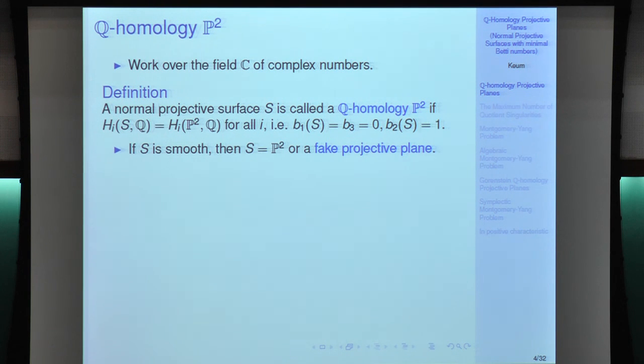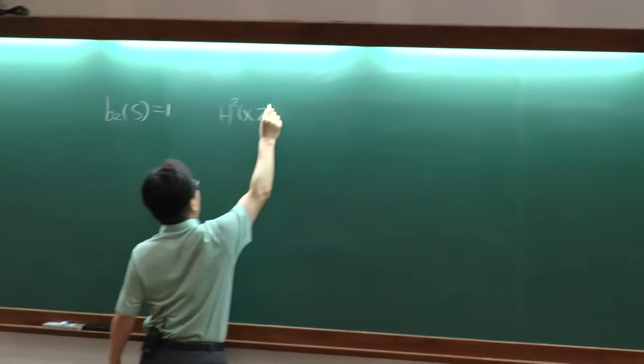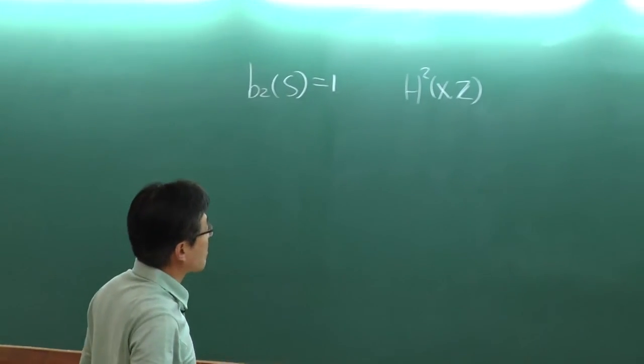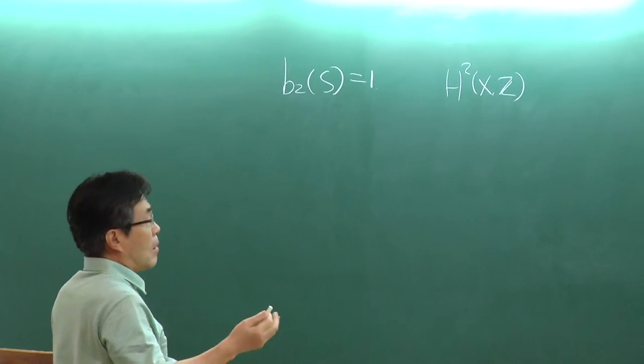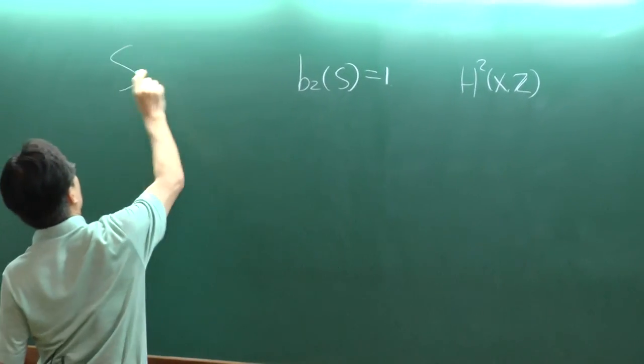If S is smooth, then we have P2 or a fake projective plane. See, if S is smooth, the second Betti number is 1, so the Picard number is equal to 1. And S is smooth.